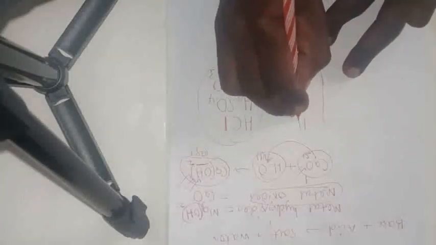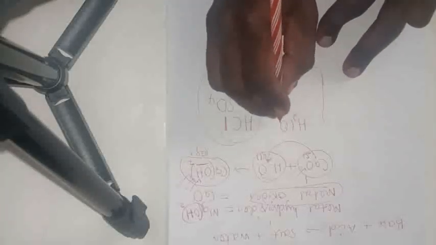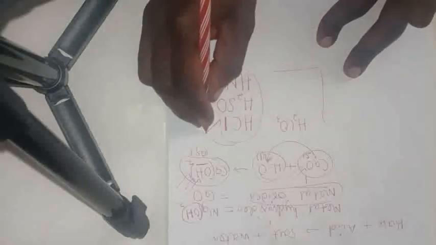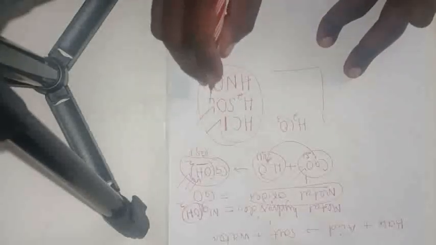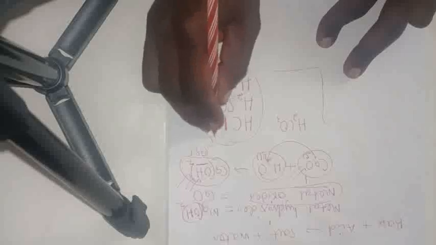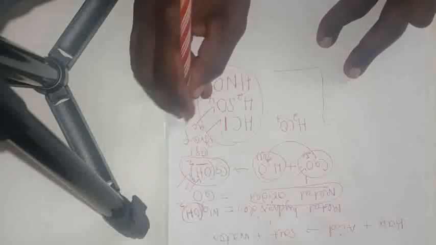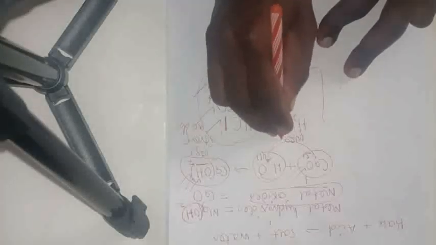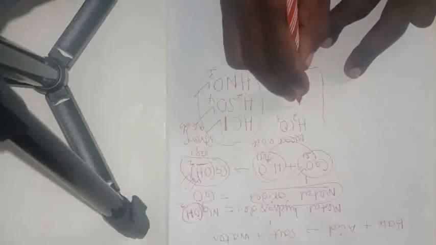But some of the weak acids I can also come across in chemistry include weak carbonic acid. Look at that. So this is hydrochloric acid, sulfuric (VI) acid, and nitric (V) acid, strong acids. Then weak acids can be weak carbonic acid.